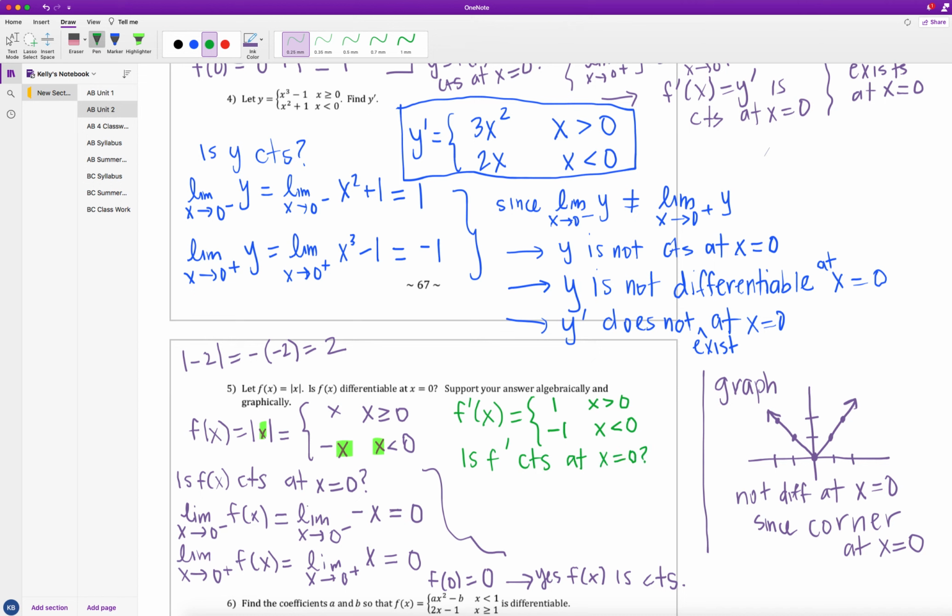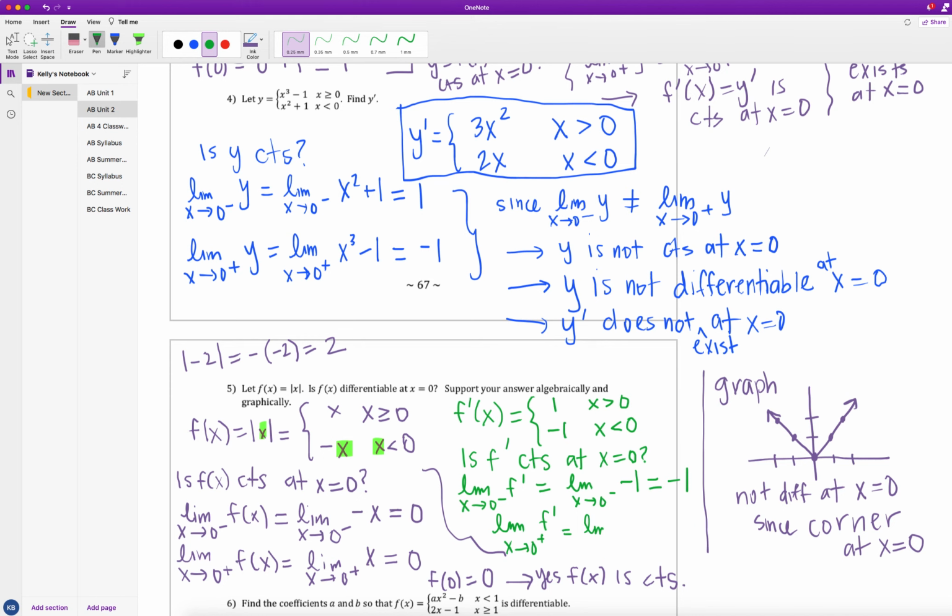Why don't you guys compute the limit from the left on our derivative f prime and the limit from the right. Let's see if those agree or not. If we're doing the limit from the left, we would be using the bottom function here. So the limit as x approaches 0 from the left of -1. Well, the limit of any constant is just that constant itself, so I'll get -1.